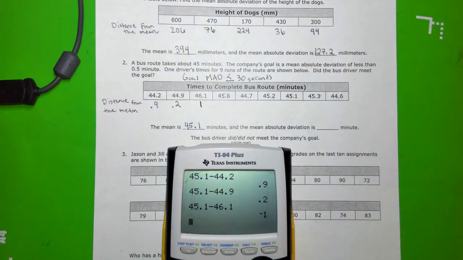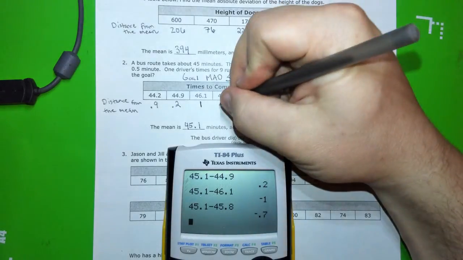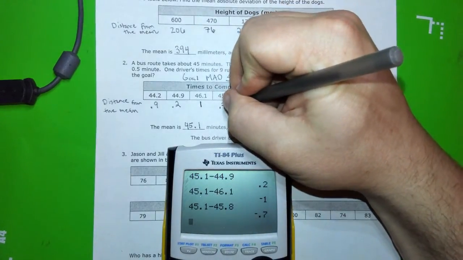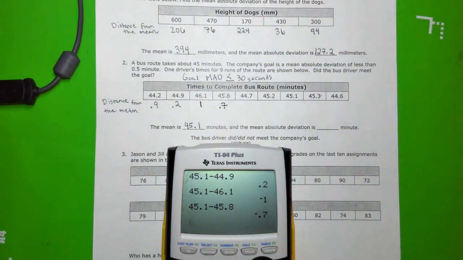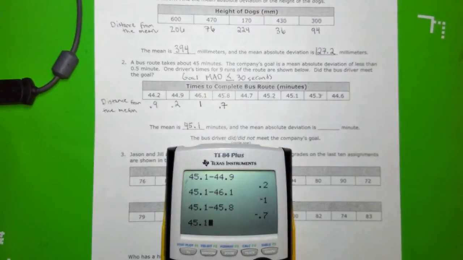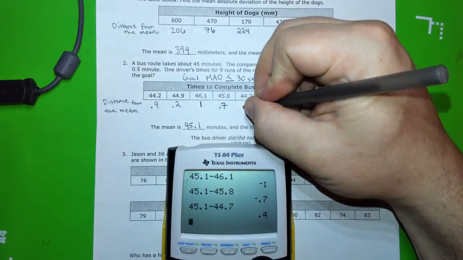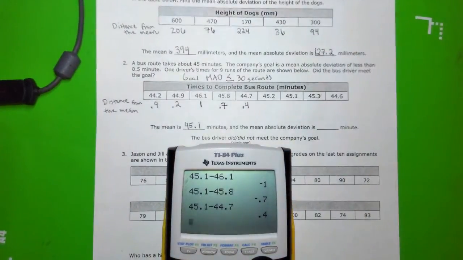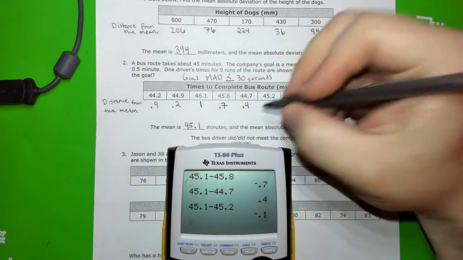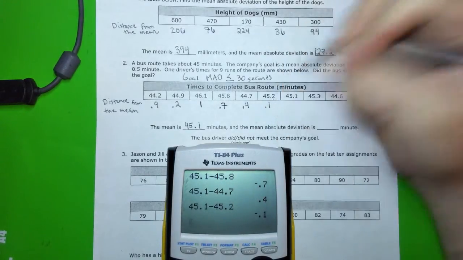Okay. Then I have 45.1 minus 45.8. That's going to be positive 0.7, because remember, distance, once again, cannot be negative. 45.1 minus 44.7 is going to be 0.4. 45.1 minus 45.2 is going to be positive 0.1.